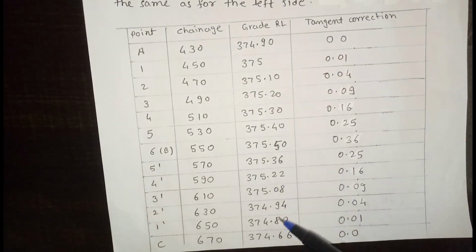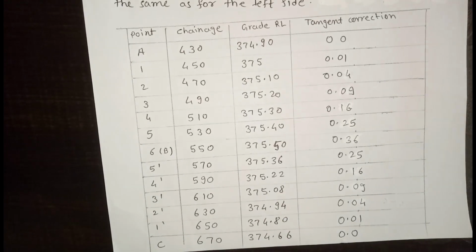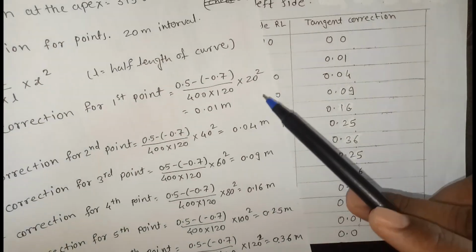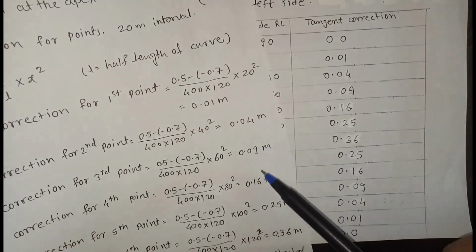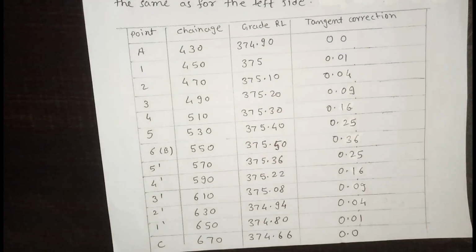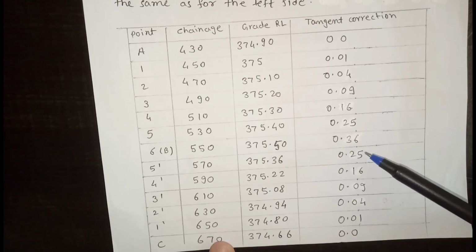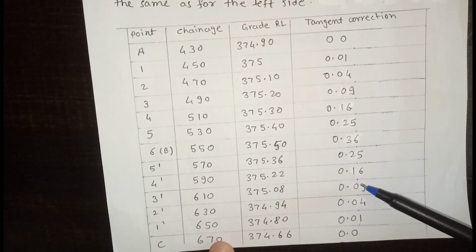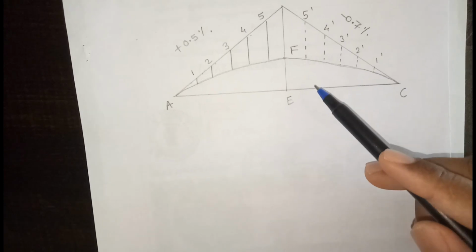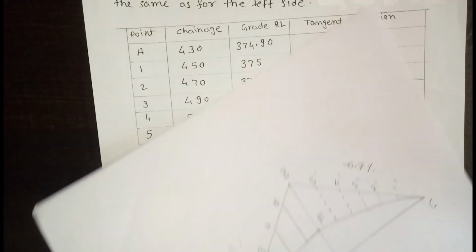And the tangent corrections are 0.01, 0.04, 0.09, 0.16, 0.25, 0.36. After that the same values repeat here, because the half curve is the same.